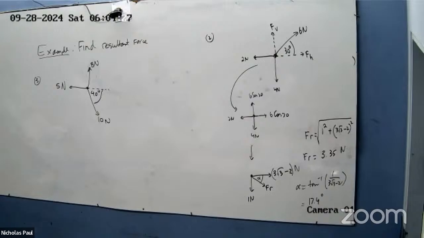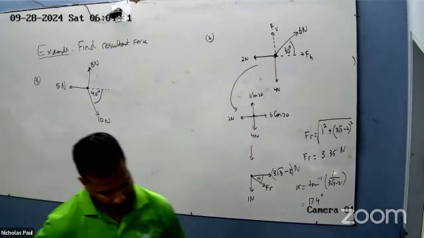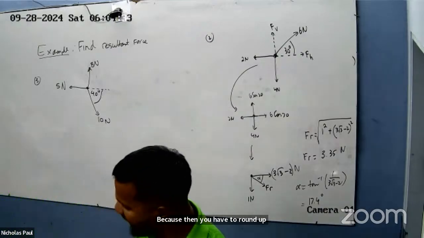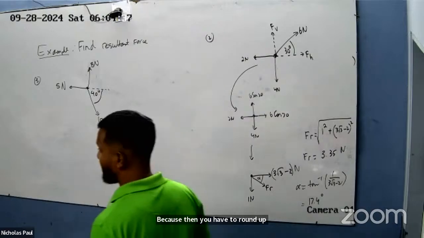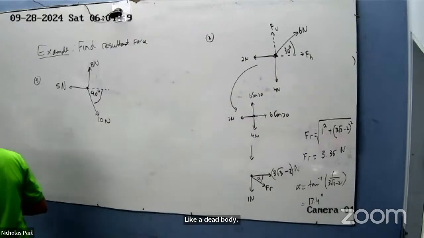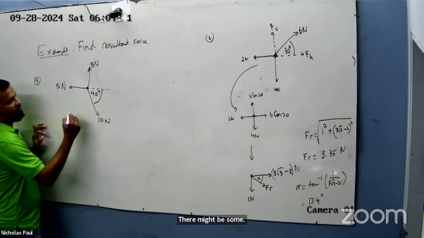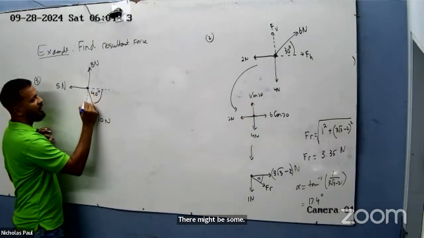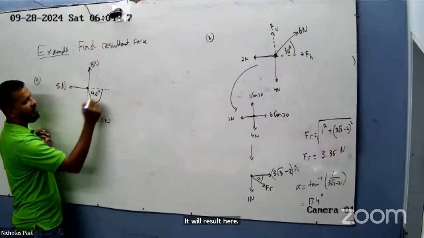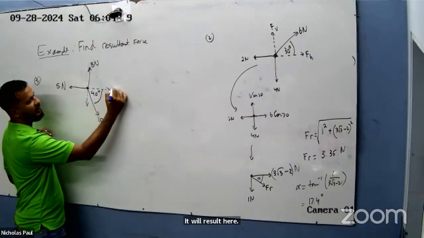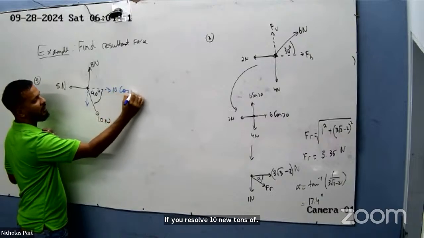If you have to round up, go ahead and round up, right? And if you have a bad angle this time, it might be forced to round up the result. If you resolve 10 newtons horizontally, that will be 10 cos 40.